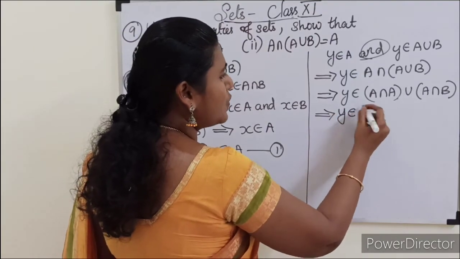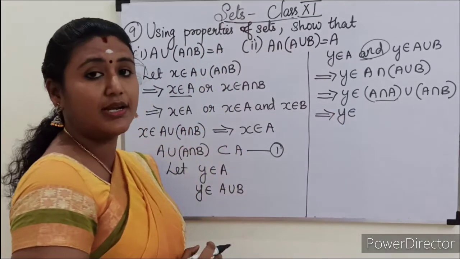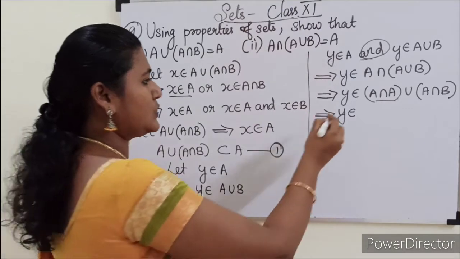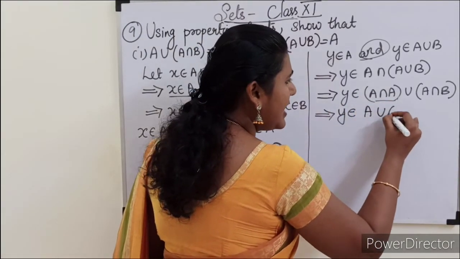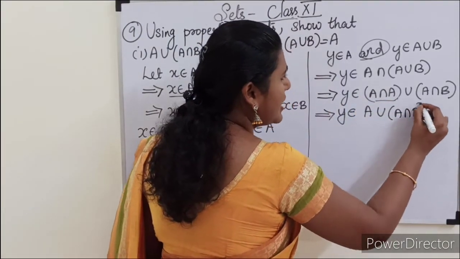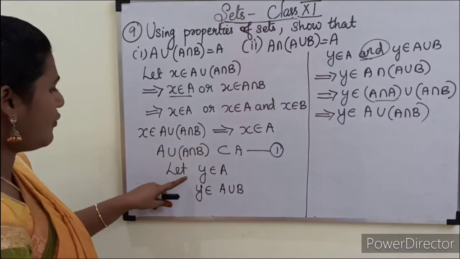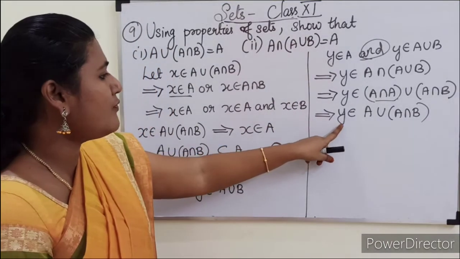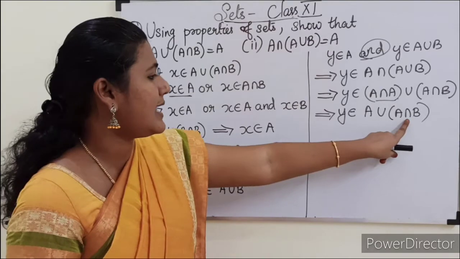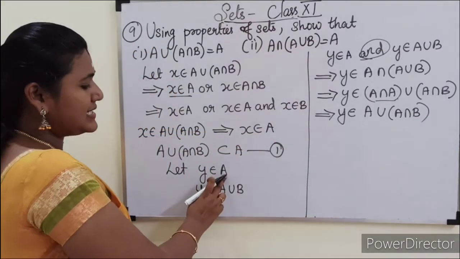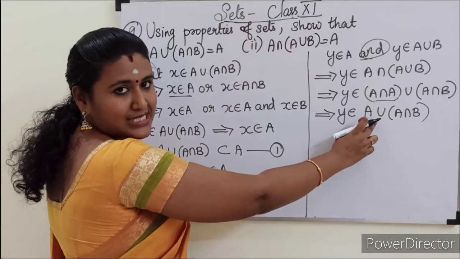So we will simplify this. What is the meaning? A intersection A is A only. So A union (A intersection B). So we have started from Y belongs to A and we got Y belongs to A union (A intersection B). That means A is a subset of this set.